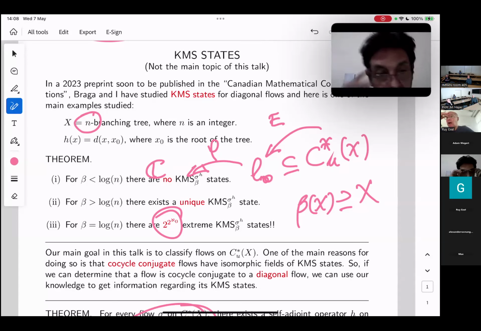Among the normalizers, you have the VFs. All of the VFs are normalizers of L infinity, right? Having a Cartan subalgebra means that C star U of X is a groupoid C star algebra, for an étale groupoid, for an ample groupoid. Yes. Okay. Thank you.